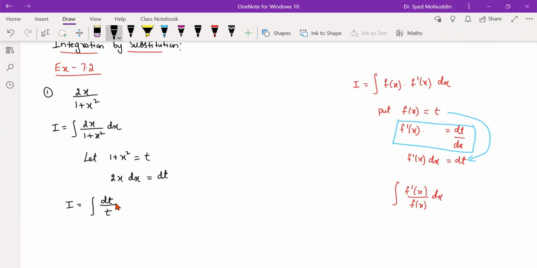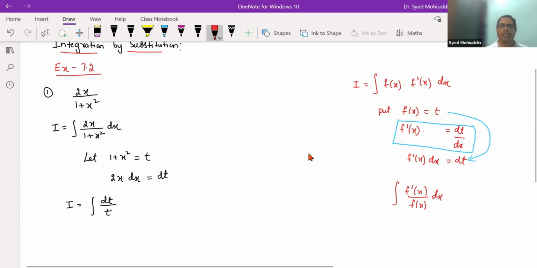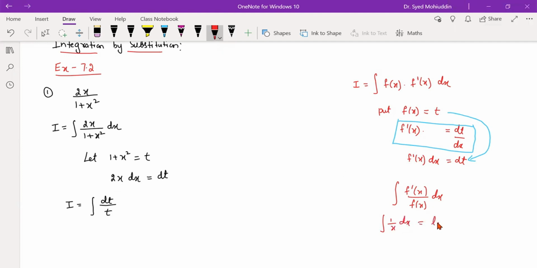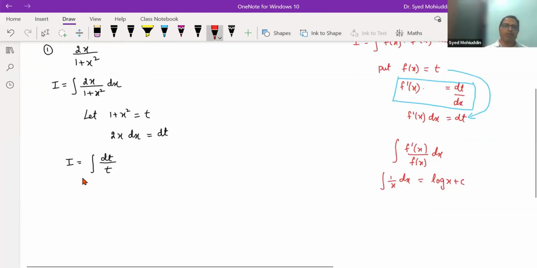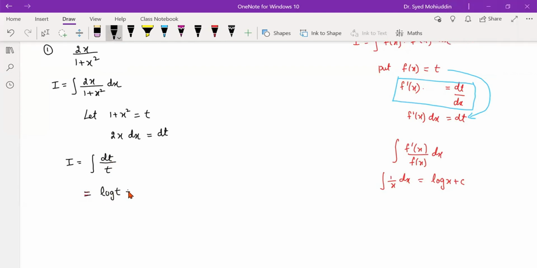So it is the integral of dx by x form, or you can say it is the integral of 1 by x into dx. 1 by x into dx is nothing but log of x. So therefore here also its value will be equal to log of t, right? 1 by t dt it is. So therefore you can write that value to be log of t.